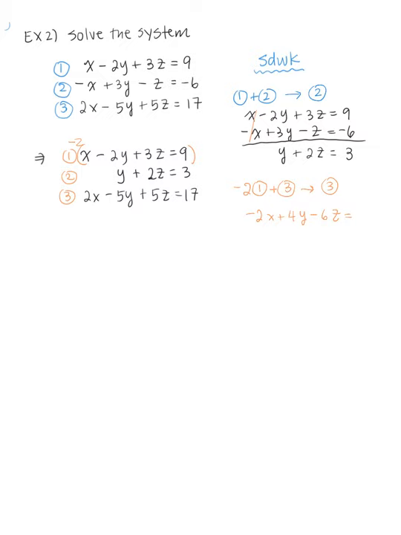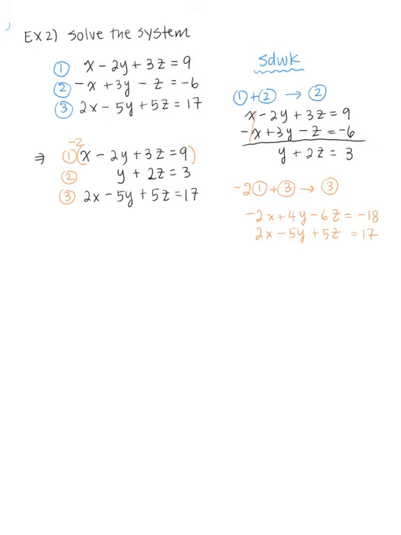So that's going to be negative 18. All right, so that was negative 2 times circle 1. Now I'm going to add that to equation 3. So equation 3, let me just copy and paste. You're going to have 2x minus 5y plus 5z equals 17.